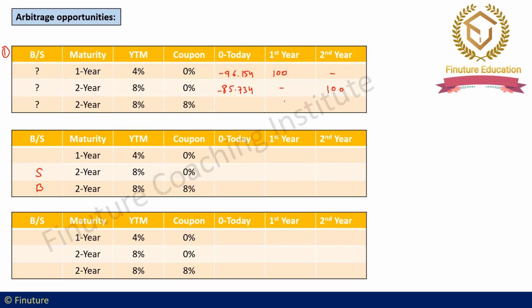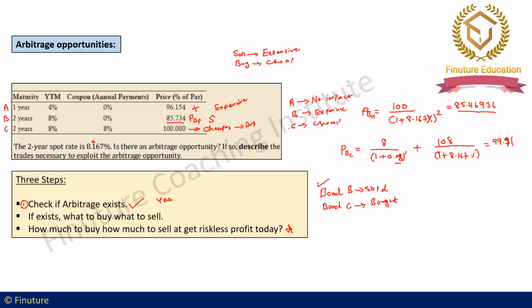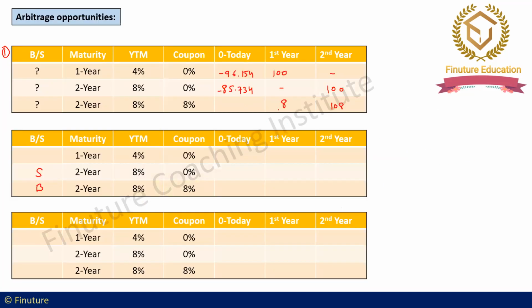In the first year it gives you an 8% coupon, $8, and in the second year it becomes 108. This is already given and we have explored it, I'm just filling the tables. The bond price would be 100 because your coupon and yield are the same. So you buy it at minus 100, it gives you $8 coupon in the first year and 108 principal plus coupon in the second year.